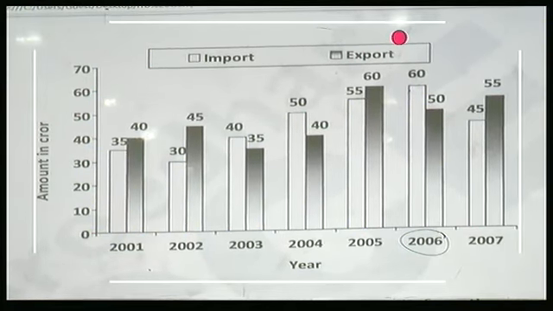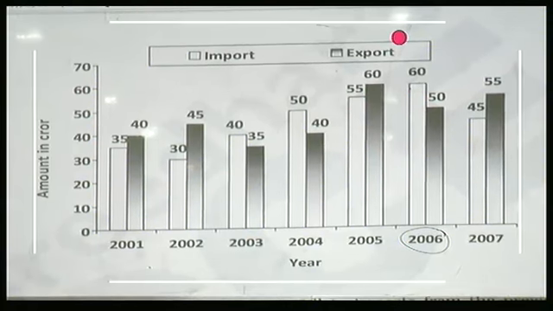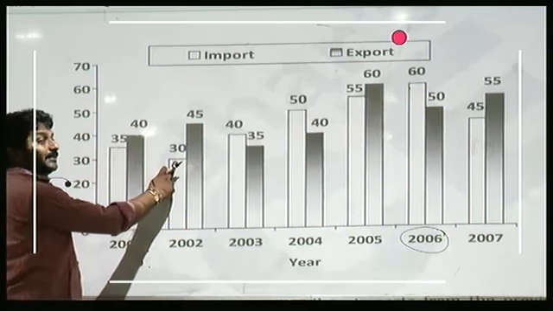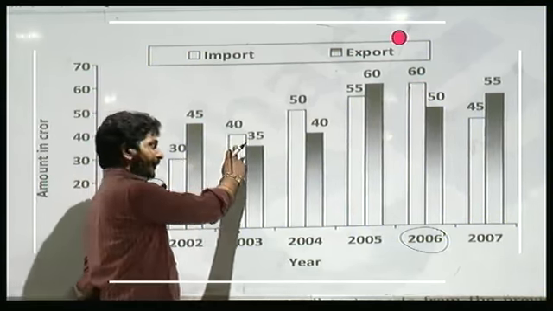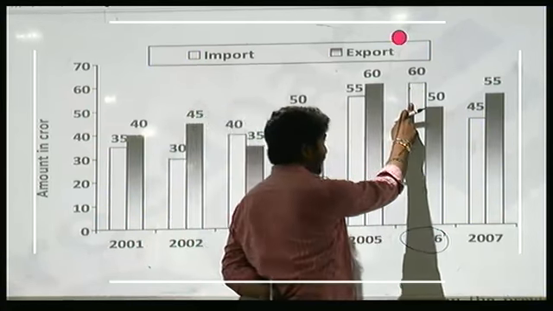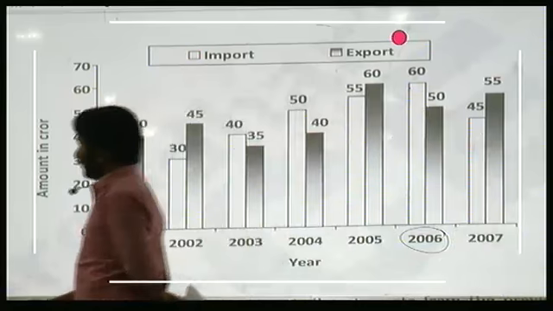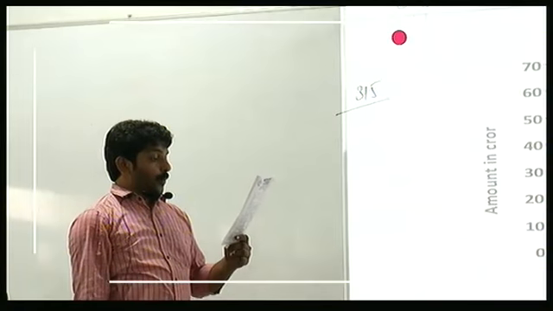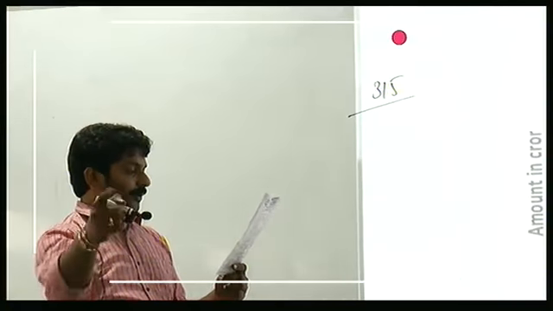77. What is the ratio of total imports to the total exports of the given years together? Total imports to total exports. 35, 30, 65, 105, 155, 210, 270, 315, 315 by. Look at your options.